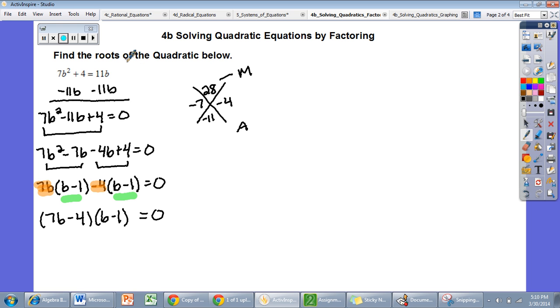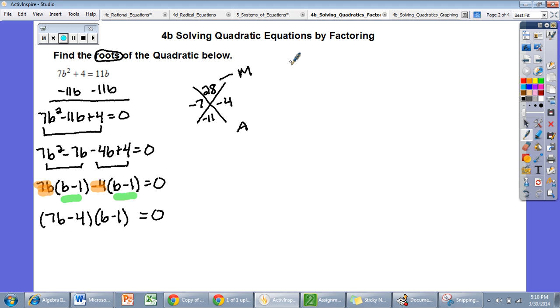But that isn't what the actual roots of the quadratic are. The roots mean we actually have to solve this. We have to figure out what b equals. So because this is equal to 0 when each of these factors is equal to 0, so 7b minus 4 is a factor and b minus 1 is a factor, that means each one of these factors could potentially be equal to 0.